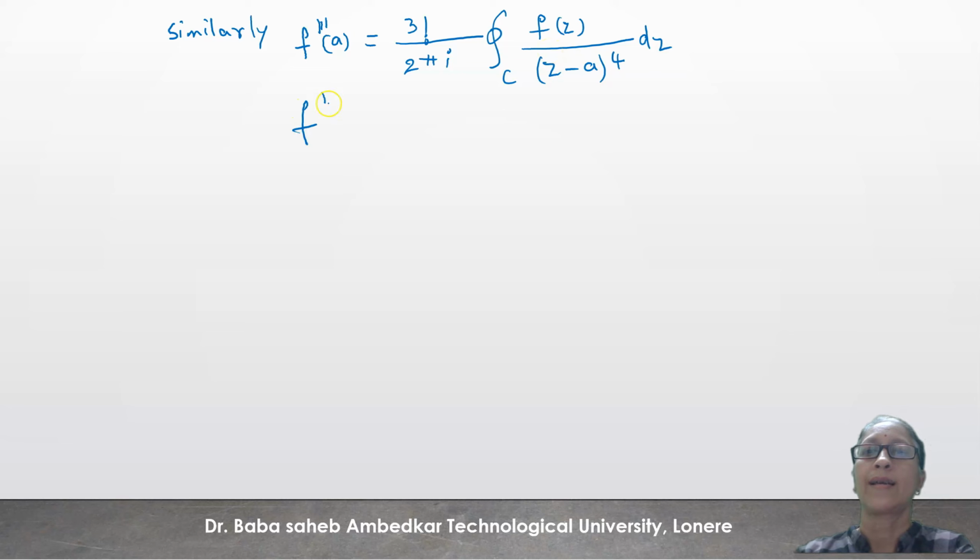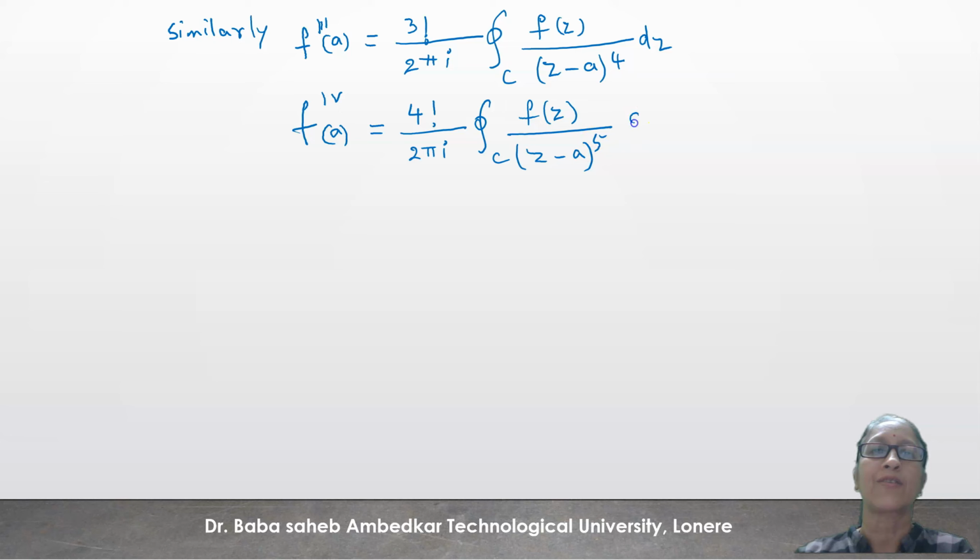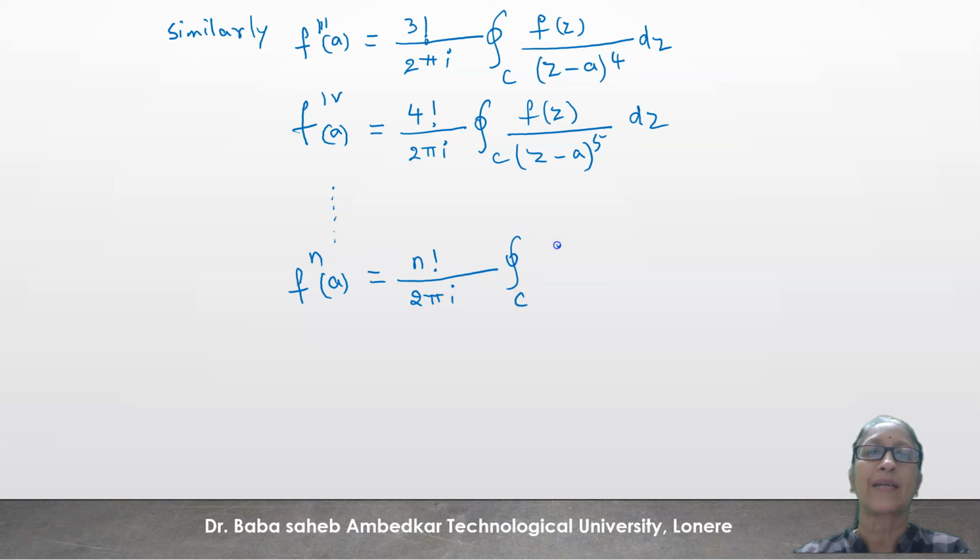And next, if you differentiate this again, you get the fourth derivative of a: 4 factorial upon 2 pi i contour integration of f(z) by (z minus a) raised to 5 dz. If you continue like this, the nth derivative of f(a) equals n factorial upon 2 pi i contour integration of f(z) by (z minus a) raised to n plus 1 dz.